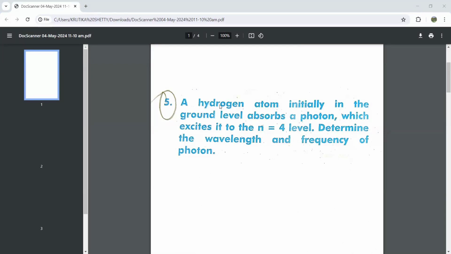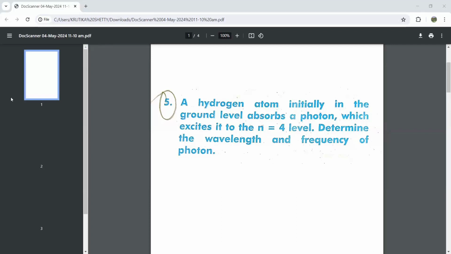So today's question is, a hydrogen atom initially in the ground level absorbs a photon which excites it to the n equal to 4 level. Determine the wavelength and frequency of the photon. See how to calculate this.